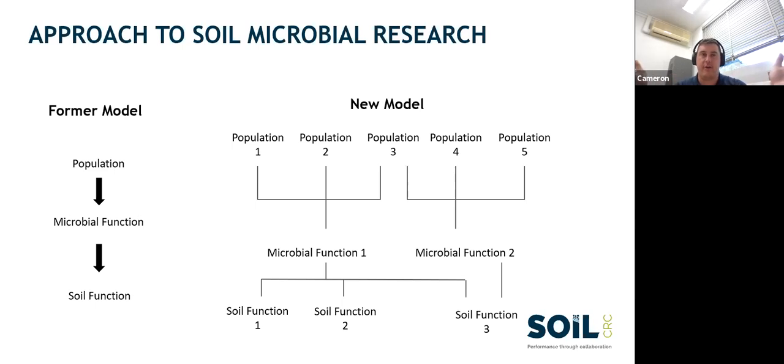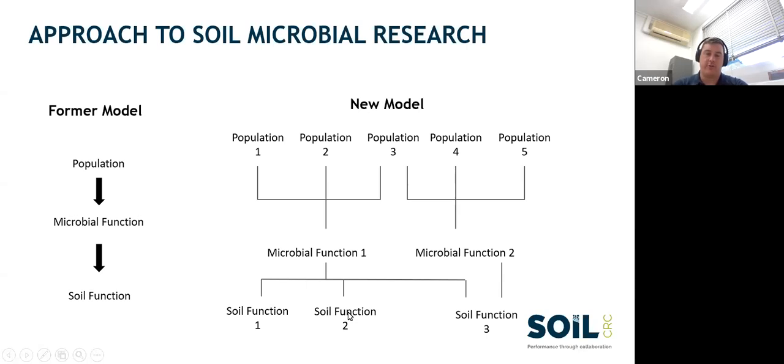If you increase your diversity, if you increase the different types of microbes that you have right across the board, then you're going to increase the microbial functions. Now, as you can see here, multiple populations or species of microbes can be involved in one function, and one species can be involved in two separate functions.